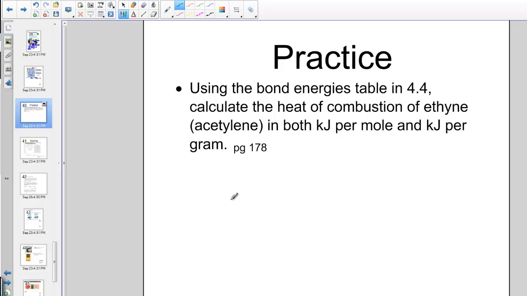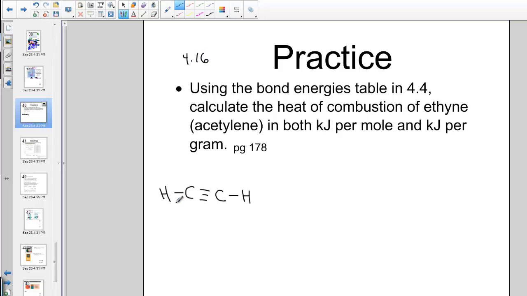Here's a practice where we have ethyne, which is acetylene. Just to get an idea, I'm going to draw this for us. C triple bond C, H, H is what we call ethyne. If you'd like to follow, this is on page 178 as an example. It's Take Your Turn number 4.16, to see where I'm pulling this example from.